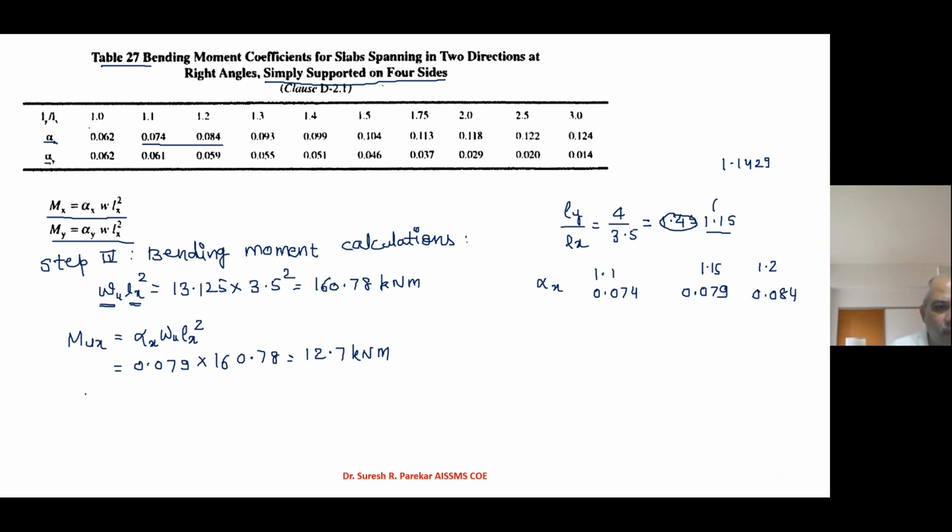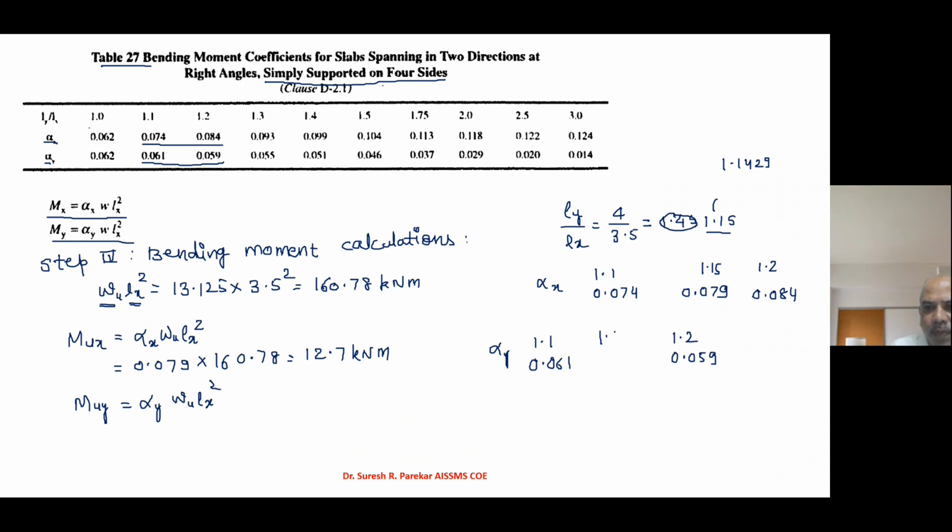Now switch over to Mu y value. Then we have Mu y equal to alpha y wu Lx square. Now for alpha y, for 1.1, we go to the second row, so we have 0.061, and for 1.2 we have 0.059.